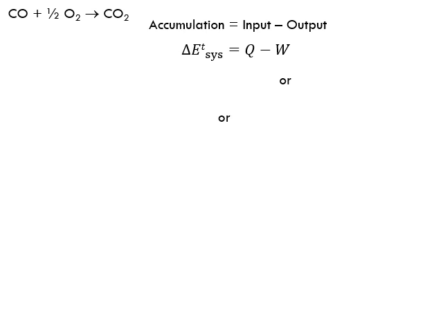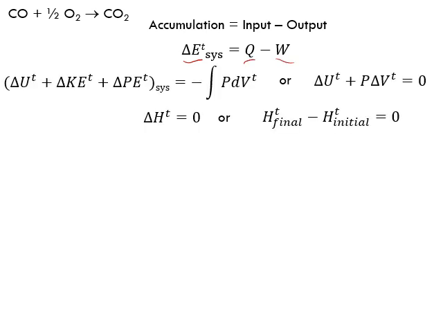Again, this is translated into delta E system, the accumulation of energy E within the system, equals input minus output. And since this is a closed system, the only way to exchange energy with the environment, the only way you can have energy in and energy out, is through heat and work. Okay, so we already know how to write delta E system. Any energy consists of these three components: internal energy, kinetic energy, and potential energy.